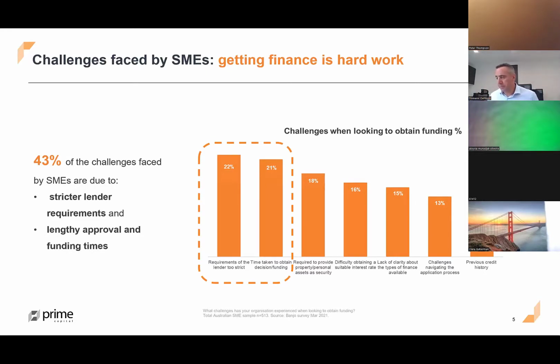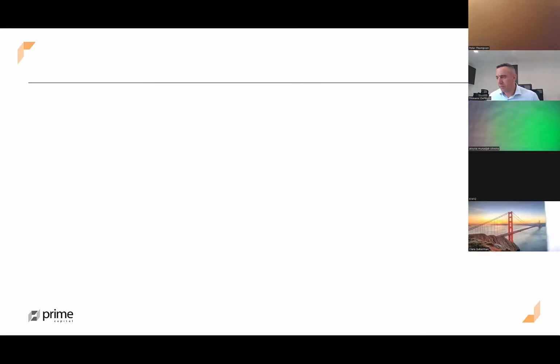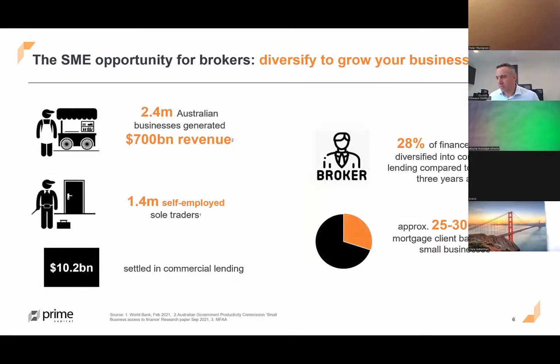So this is a big segment of your clients that need brokers' help to navigate these challenges. What I wanted to chat about is the overall opportunity of SME lending for brokers and how to diversify your business.